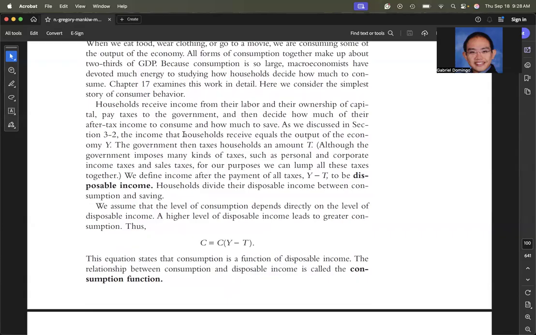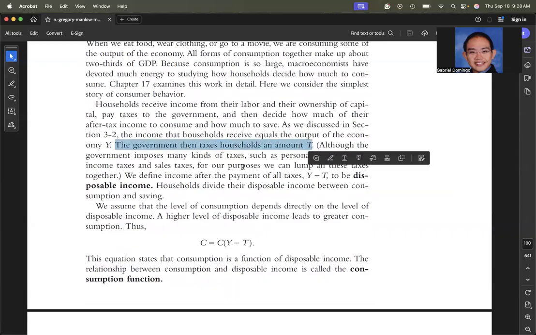So the decision to consume will be a function of income after the payment of taxes, or Y minus T. Recall that Y is your GDP or output, and T is the amount of taxes collected by the government.